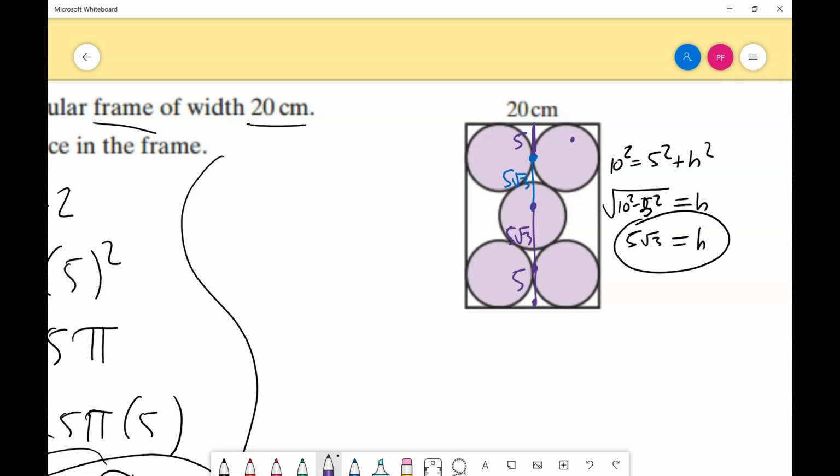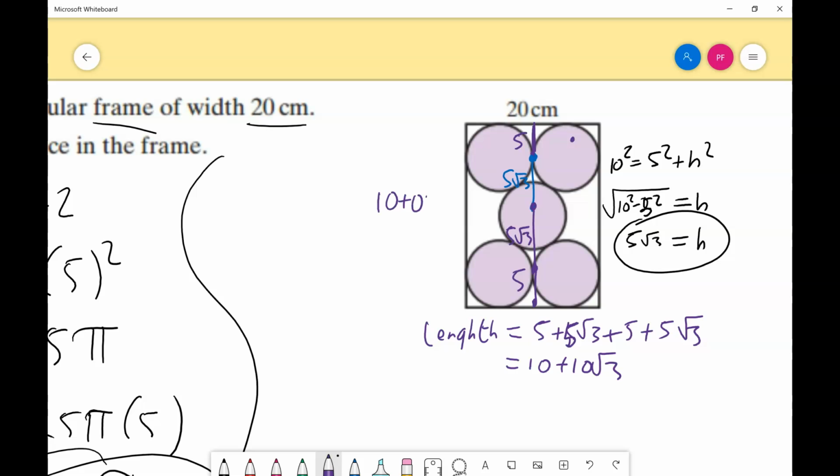So the length of that circle is 5 plus 5 root 3 plus 5 plus 5 root 3, so that's 10 plus 10 root 3. So that's the length of one of the sides.